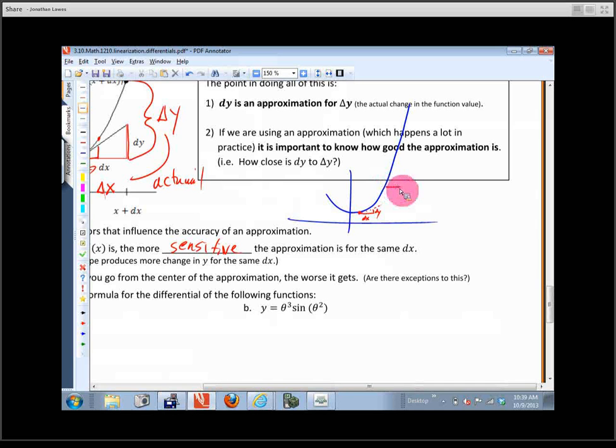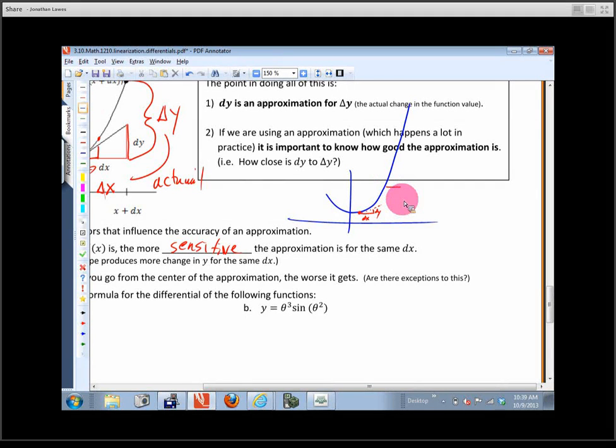I'm going to try and make that about the same length. Look how big dy would be. This is roughly the same size dx, and look how big dy is. So for the exact same change in x, I get a tiny change in y here because it's a very small slope, and I get a very large change here in the function values and in the approximation for the function values because it's so steep.